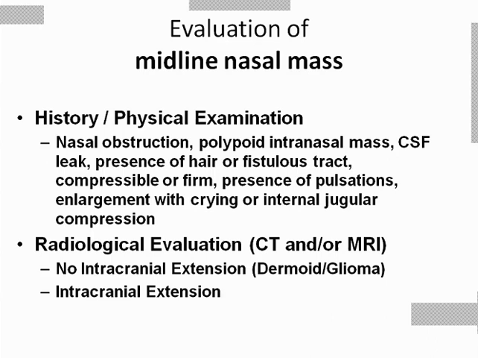Pulsations are most commonly seen with encephalocele. Enlargement with crying and enlargement with internal jugular compression are pathognomonic of encephaloceles. So always you have to evaluate radiologically, that is CT and MRI with contrast. Usually in dermoids and gliomas there will not be any intracranial extension.